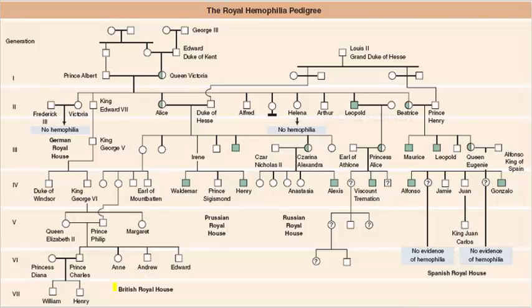The British royal house, the Persian royal house, the Russian royal house, and the Spanish royal house all came from one large initial family that you see up top. And there's one individual, and her name is Queen Victoria. Essentially all of the hemophilia in these lines came from Queen Victoria.